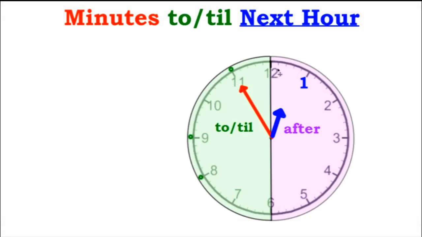12:55. It's 12:55, right? And the next hour is 1 o'clock. Now, if we look, in 5 minutes, the next hour is 1 o'clock, right? So those are the minutes.